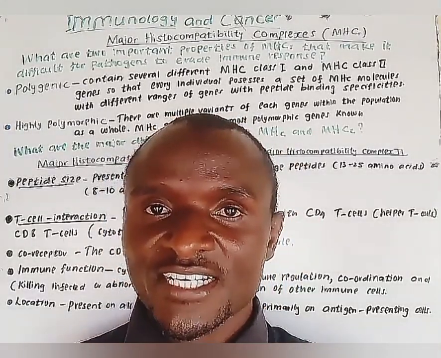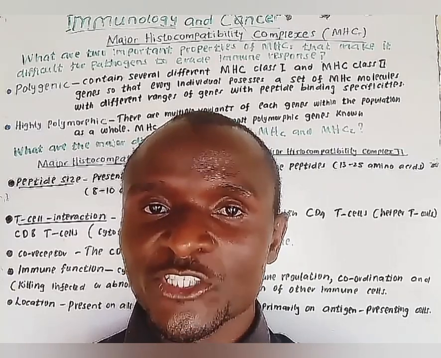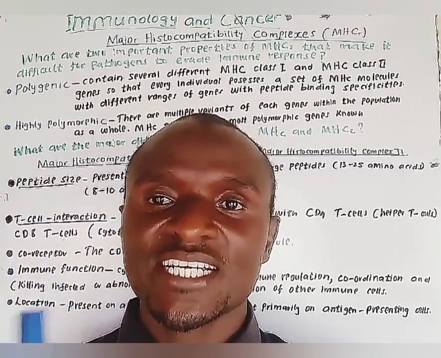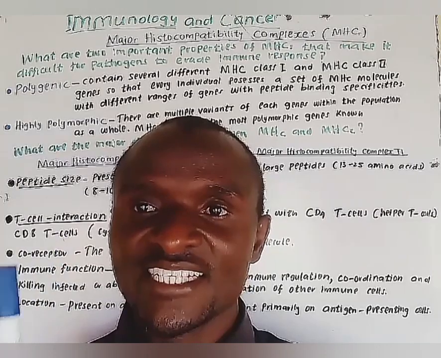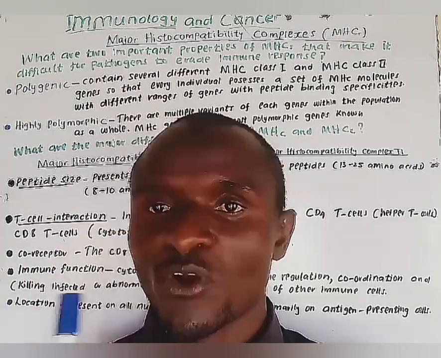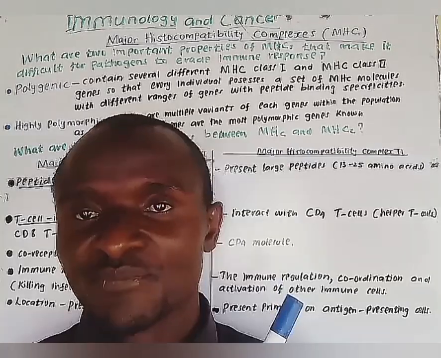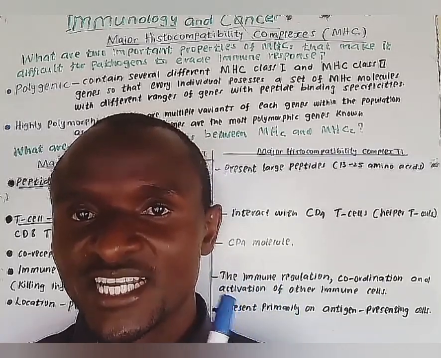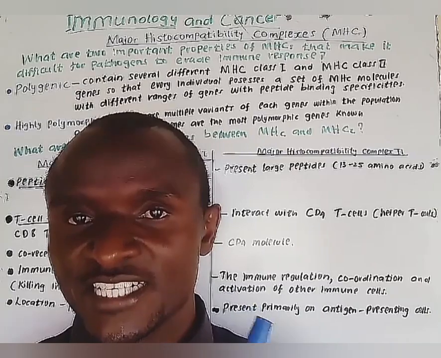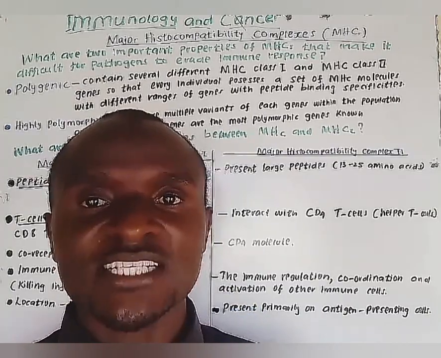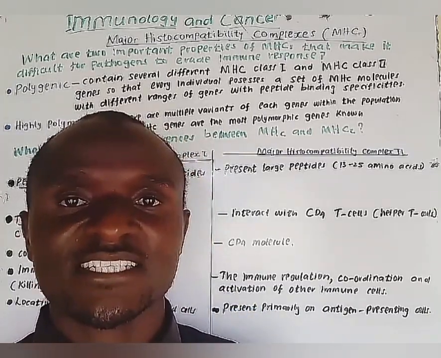Another difference is the T-cell interaction. MHC1 interacts with CD8 T cells, also referred to as cytotoxic cells. MHC2 interacts with CD4 T cells. These are also known as helper T cells.